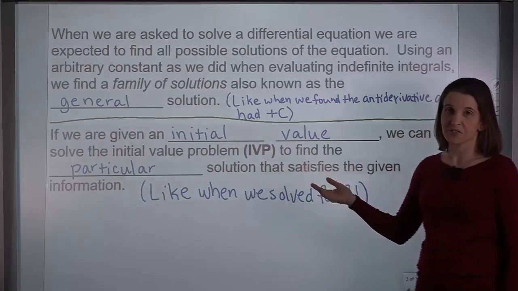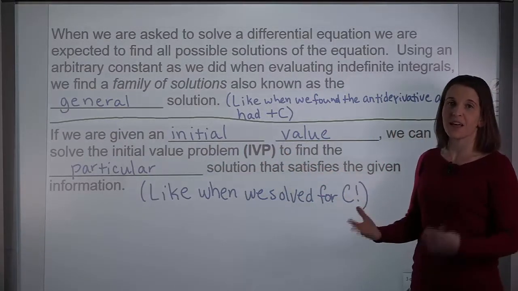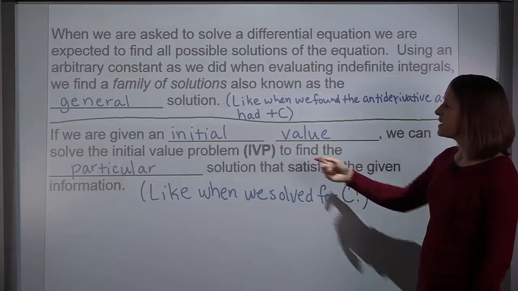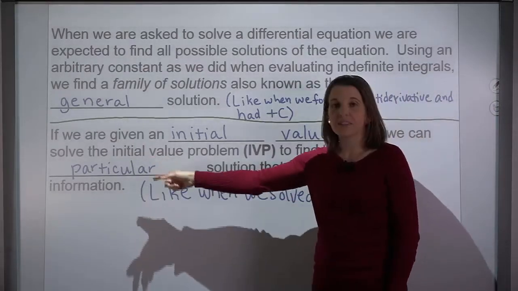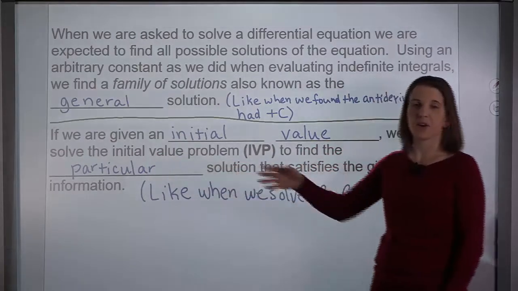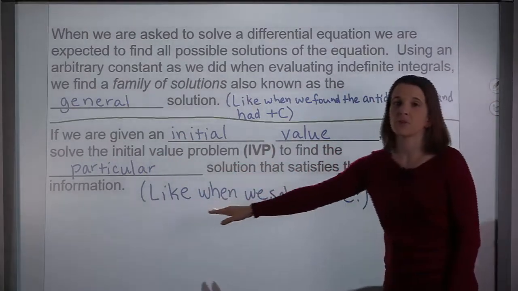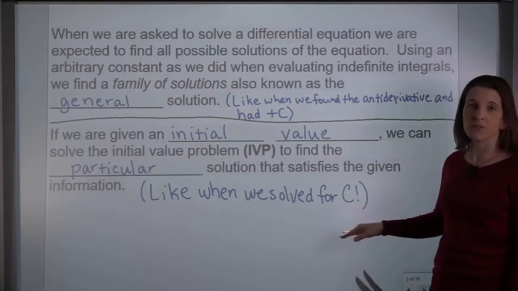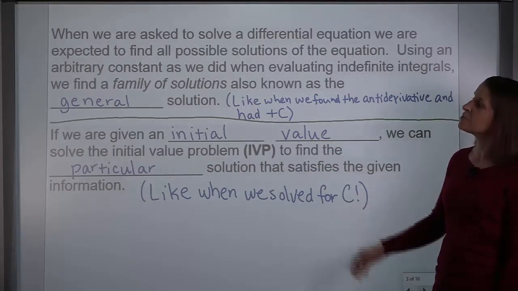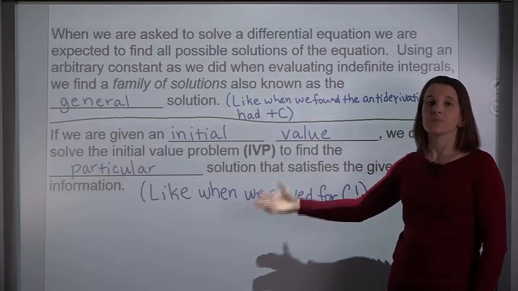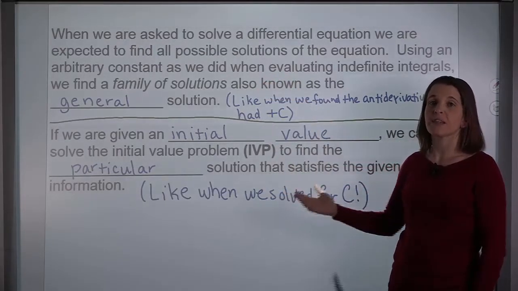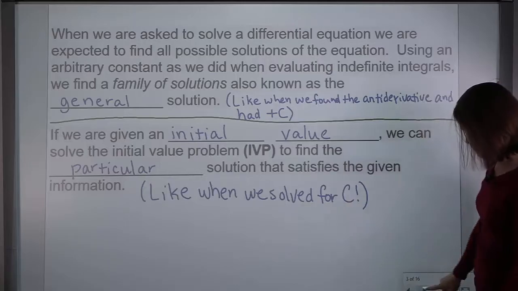It even has its own abbreviation, IVP, if you were doing a lot of differential equations. And what we end up getting, now that we know c, is the particular solution. So again, we've actually done this before. We're just now calling the plus c version the general solution, and when we're given an initial value to solve for c, that is the particular solution.